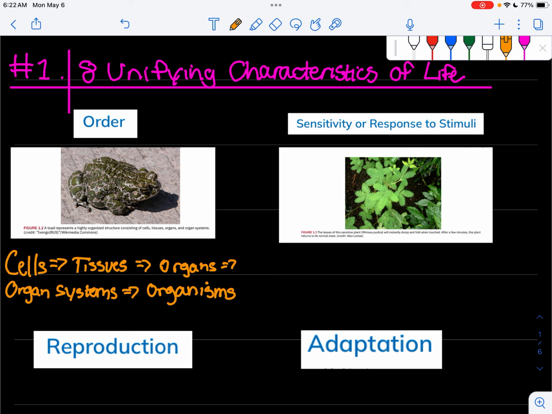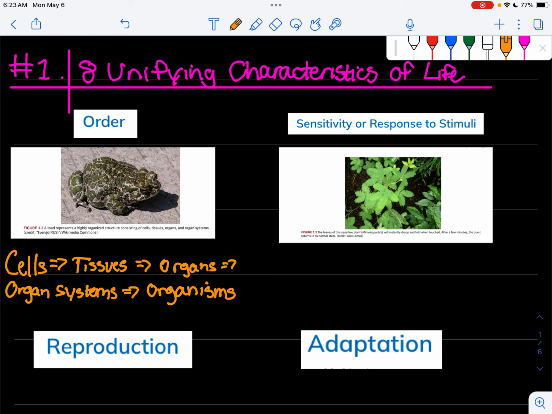We have specific cells that make up some of our skin tissue. Our skin tissue makes up our organ. Skin is our biggest organ in our body, believe it or not. You were probably thinking, oh, it's the heart or the brain. Actually, our skin is just one giant organ because it has all of these tissues that have specialized cells.